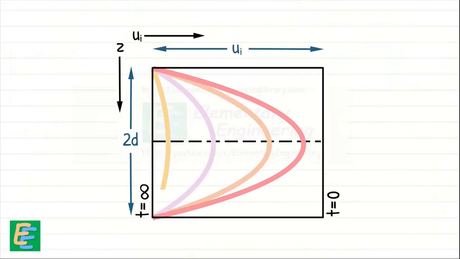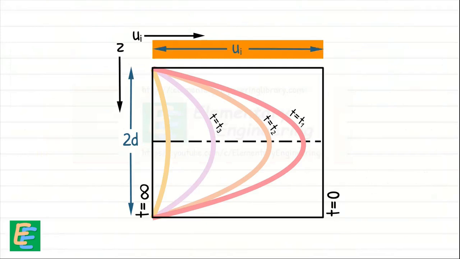Multiple curves are plotted, each representing a different time interval. The relative positions of these curves depict the dissipation of excess pore water pressure over time. We can observe that immediately after load application at t equal to 0, the initial curve is a vertical line indicating maximum and uniform excess pore water pressure throughout the soil layer.